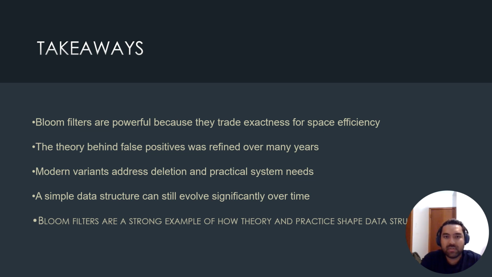So the main lesson from this survey is that Bloom filters are not just old data structures from the 1970s. They are a family of related ideas that continue to evolve as both theoretical understanding and practical requirements improve. Overall, Bloom filters are a strong example of how theory and practice work together to shape data structure design.